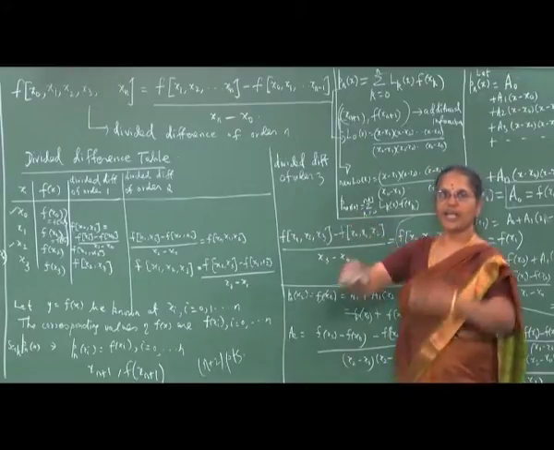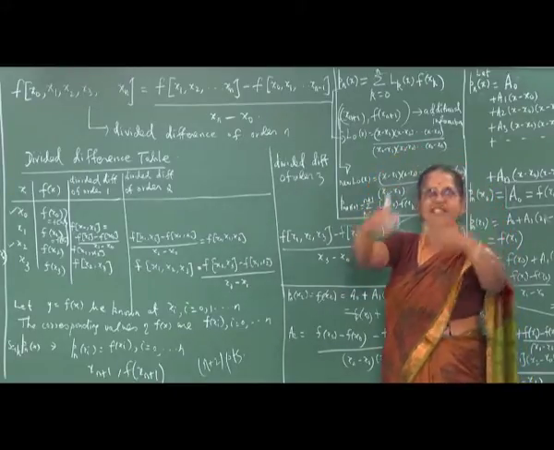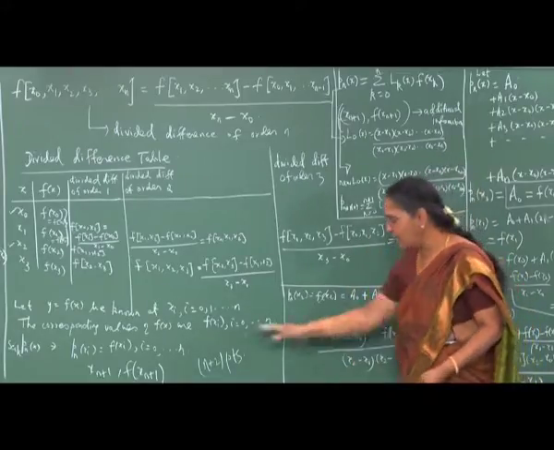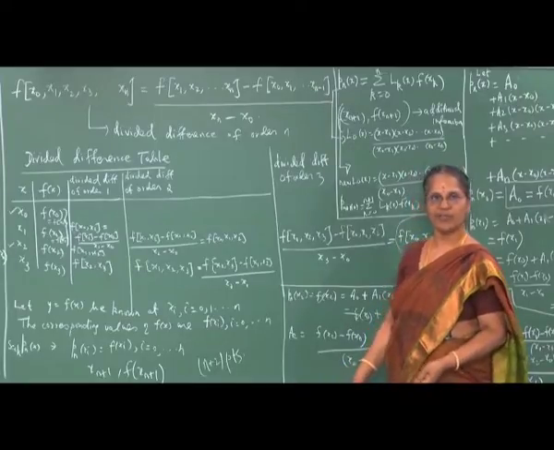And therefore, the calculations have to be performed once again to construct this polynomial of degree n plus 1 when an additional information is given about the function.